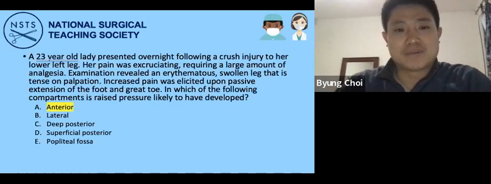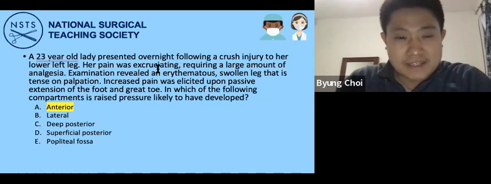Now remember, the key bit here, like I said, is passive extension of the foot and great toe.